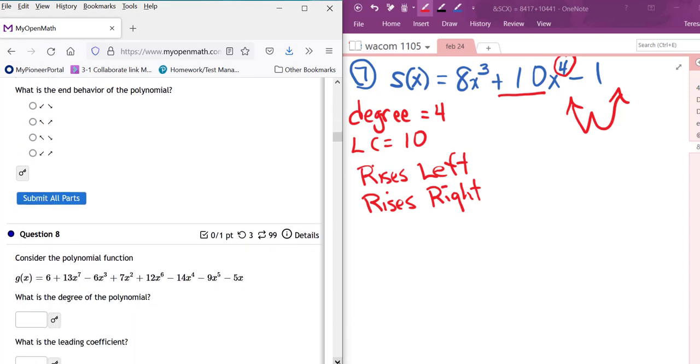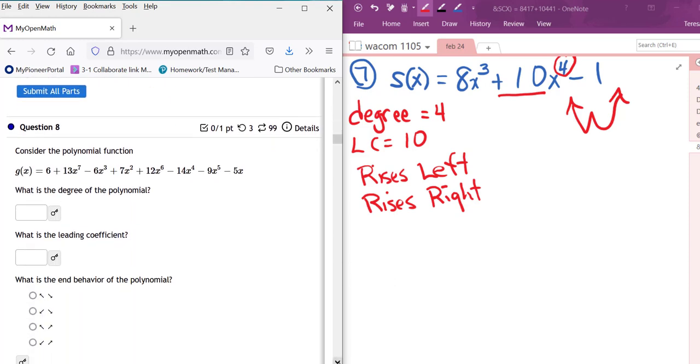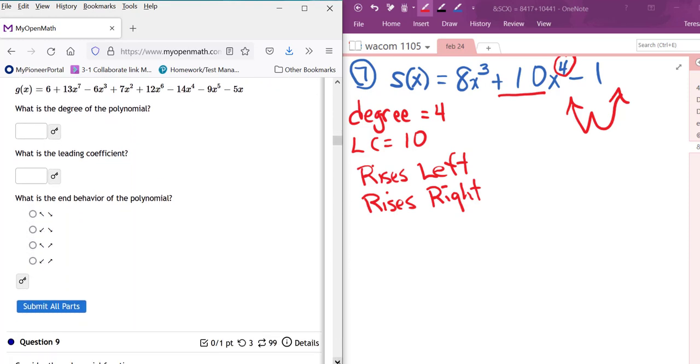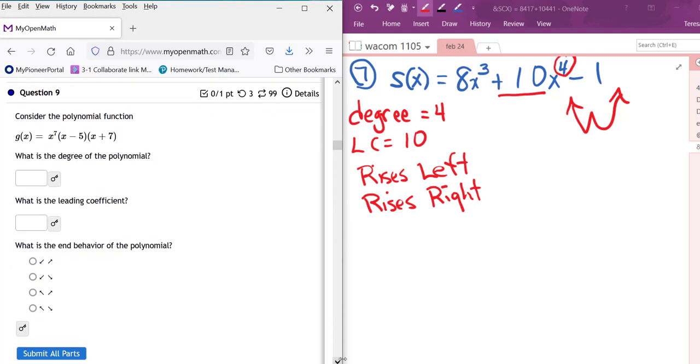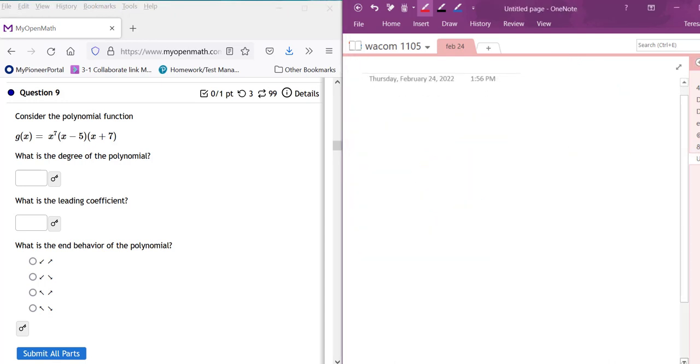Then I did skip to number 9. So they're just giving you one that is not multiplied out.